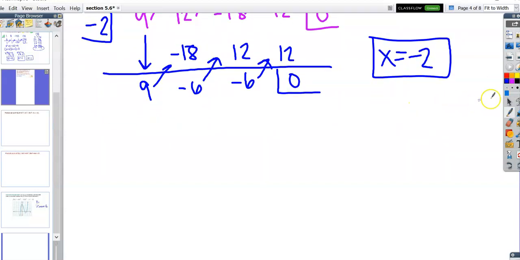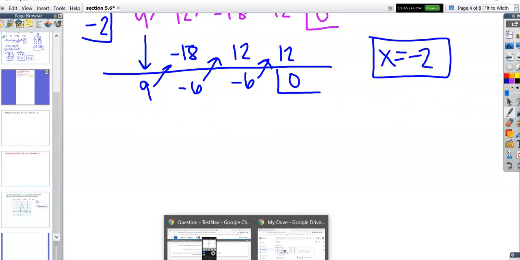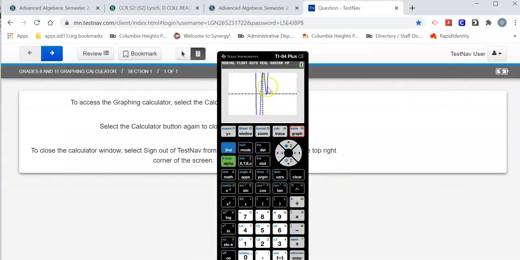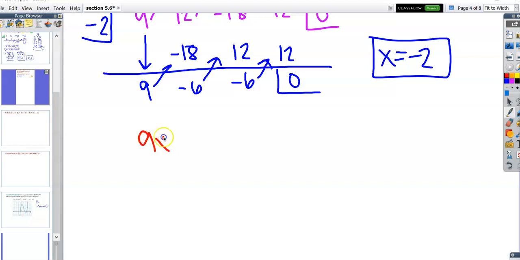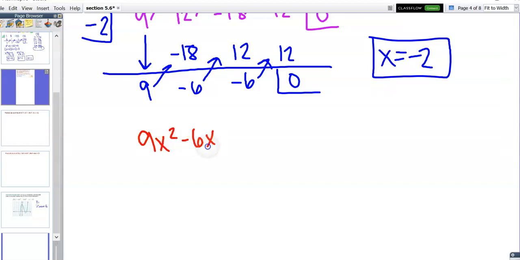For the rest of those zeros that we saw on that graph, I couldn't really tell where any of them were. So at this point, it's a good idea to either factor or use the quadratic formula. So let's try factoring first, because if you can factor, that tends to make it a little bit easier. One thing that I can see is that we can factor a 3 out of all these terms.